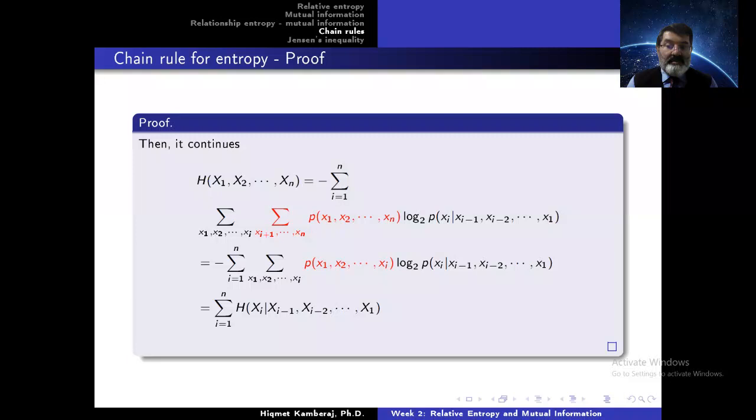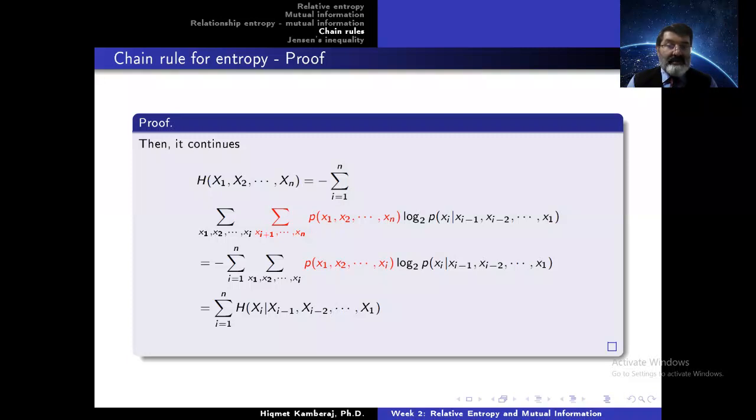However, the joint probability mass function p of x1, x2, ..., xn depends on all terms. However, if you sum the joint probability mass function over xi plus 1, xi plus 2 up to xn, I obtain the so-called marginal probability mass function with respect to x1, x2, ..., xi, and this is what I did.